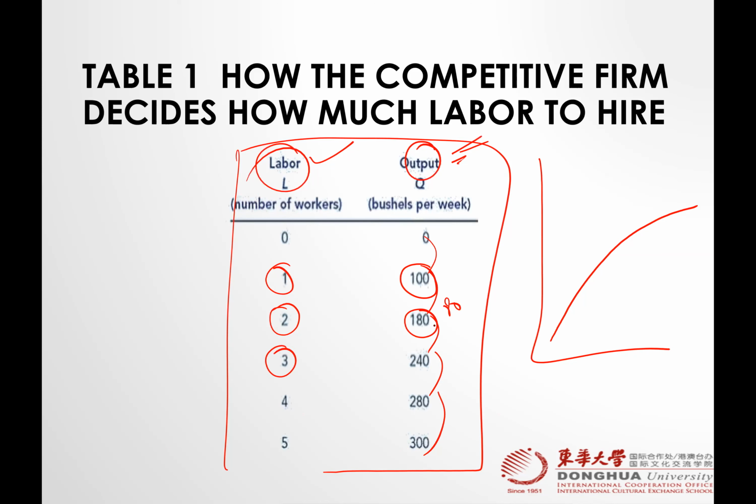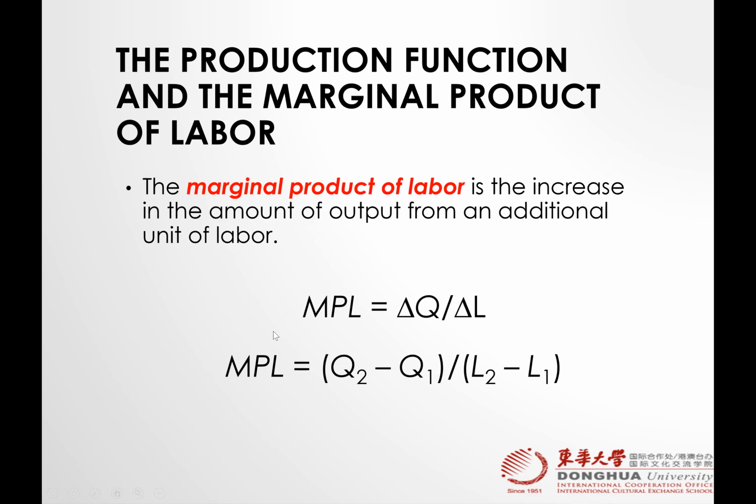If we hire a third person, he is adding just 60. So the addition in total output is good, but the addition rate is lower. We call this property diminishing marginal product.